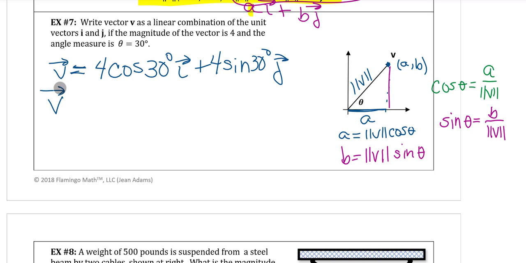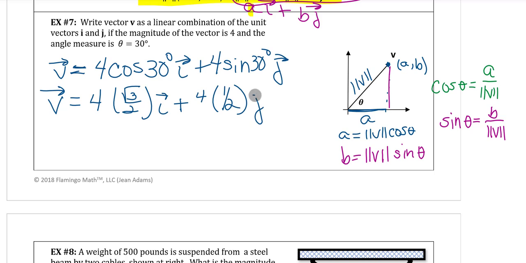So v equals 4 times the square root of 3 over 2, i, plus 4 times 1/2, j. Simplifying, we get 2 times the square root of 3 i plus 2 j.